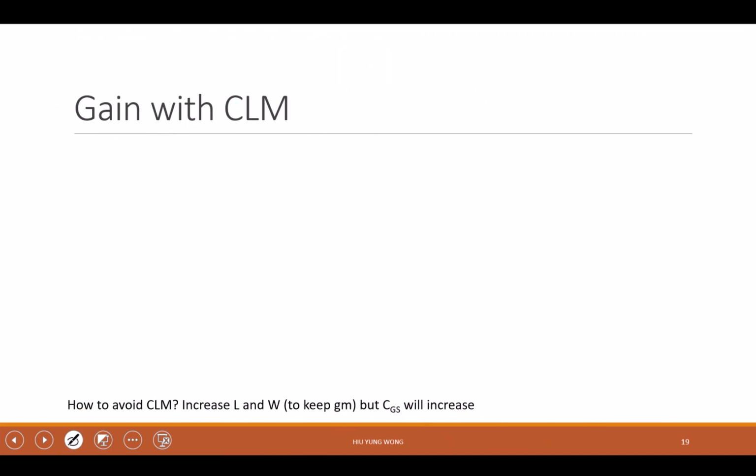So I'm going to do it a little bit faster. Again, I have Vout divided by Vin equals Vout divided by Vx times Vx divided by Vin. I decompose into different parts. What is Vout divided by Vx? Now we included the channel length modulation. Earlier we said it's GMRD. Now it is GM plus 1 over R0 times R0 parallel RD.